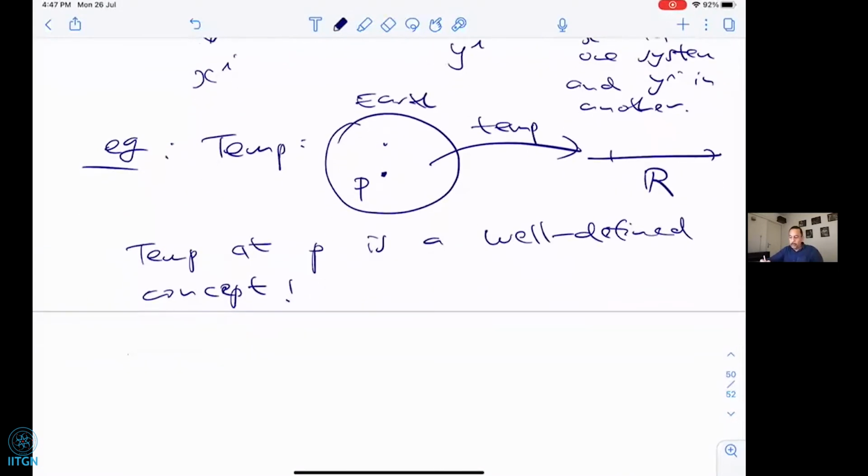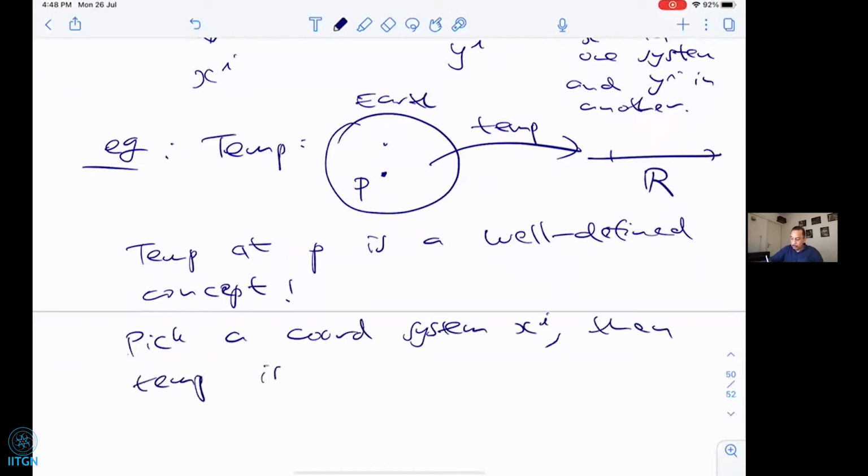Okay, so what follows from saying that the temperature at P is a well-defined concept? Supposing I pick a coordinate system X, then temperature is given by a function. Let's call it f of x.